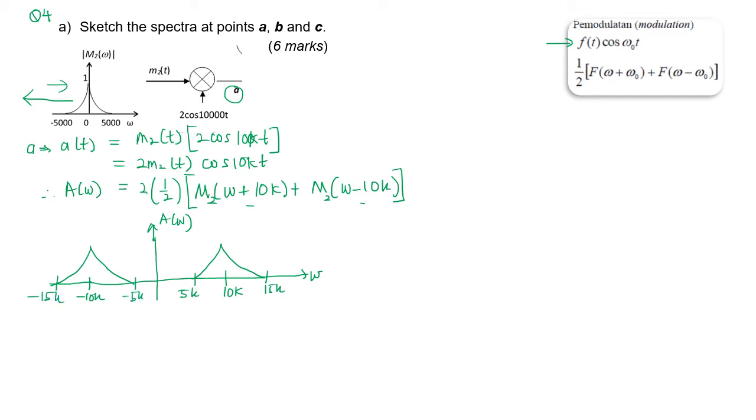How about the magnitude? The magnitude is 1. So this is your A(omega).